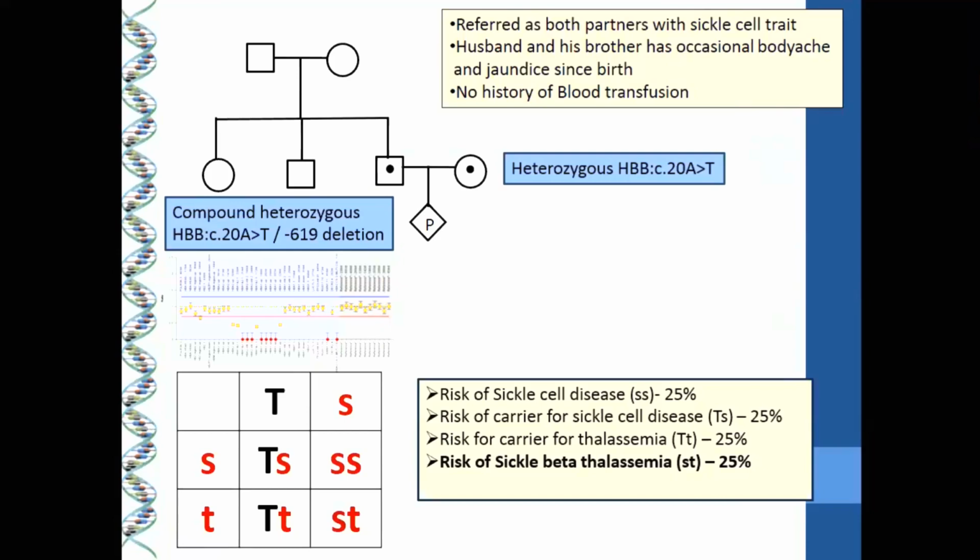So this created an imbalance between alpha and beta genes, giving rise to beta thalassemia. But this individual also has deletion of alpha chains due to alpha deletion. Understood? So now the number of alpha and beta chains are balanced. So that is why this individual did not have any symptom related to thalassemia.